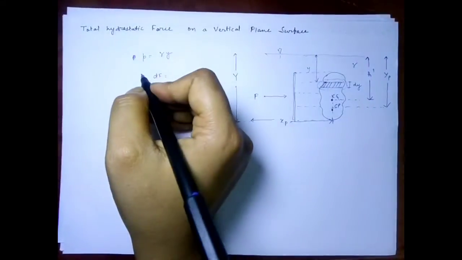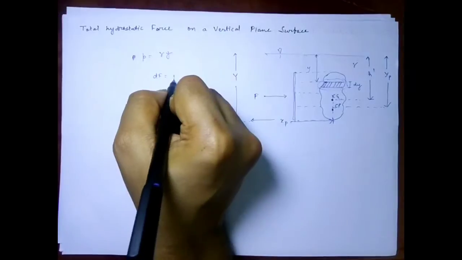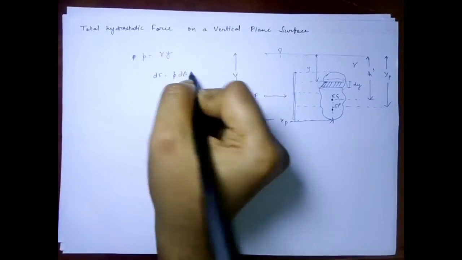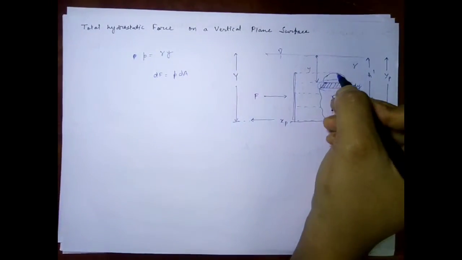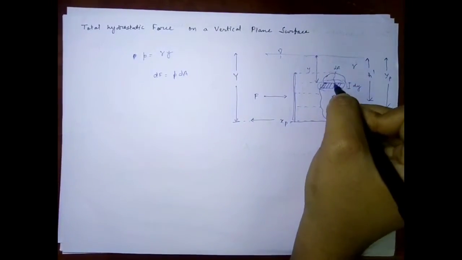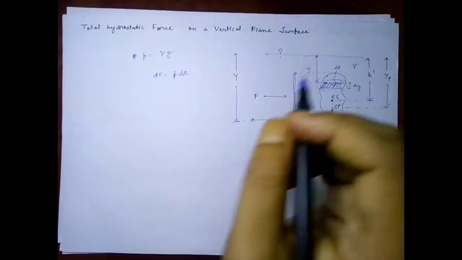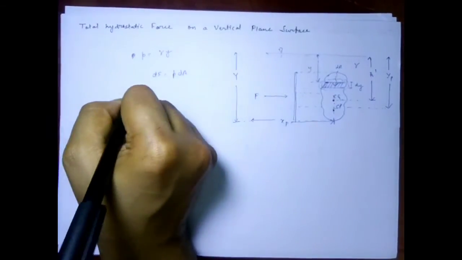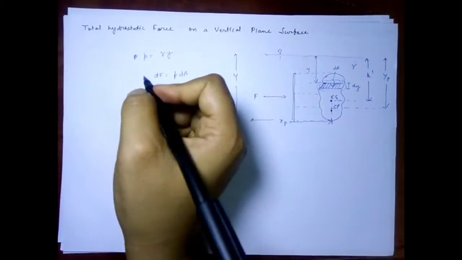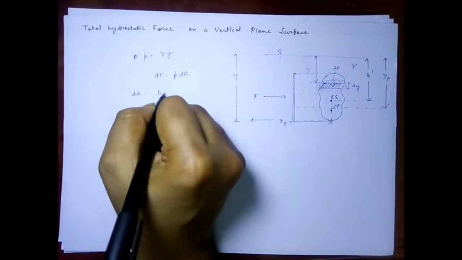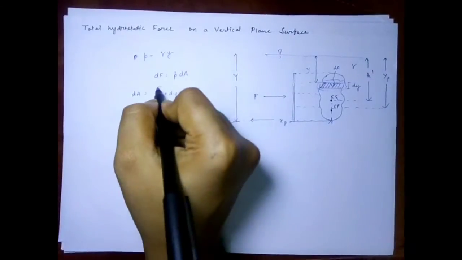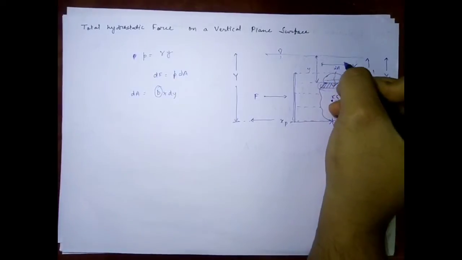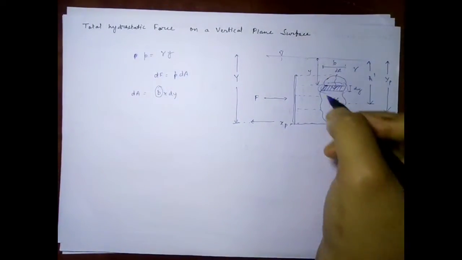Now dF can be taken as the small pressure times this small area dA, where dA is the area of this small element. How will you get dA? dA will be B times dy, where B is the width of this irregular object.